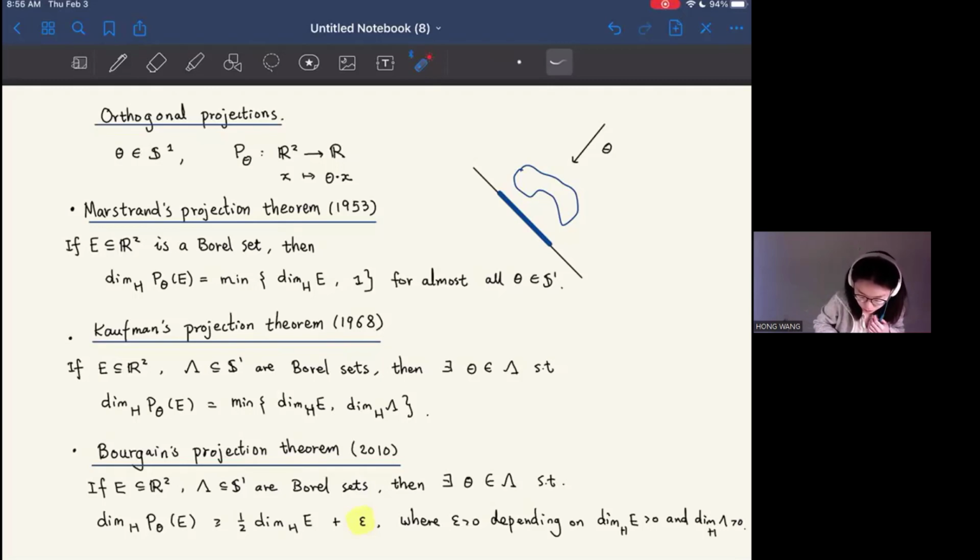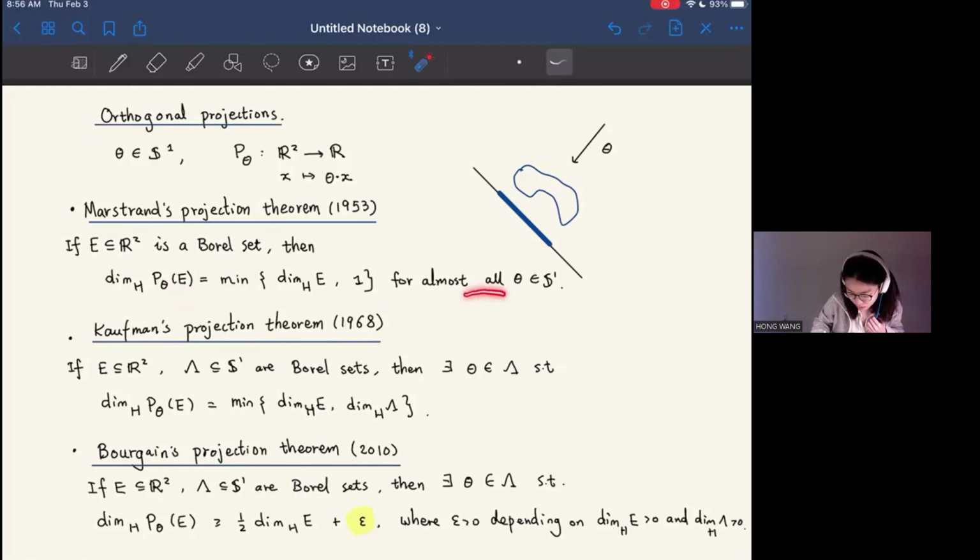Orthogonal projection is defined as: theta is a vector, then p theta is a linear map from R2 to R defined by x to theta dot x. The classical Marstrand-Mattila projection theorem says that if E is a Borel set, then for almost all vectors theta, the Hausdorff dimension of the orthogonal projection image along theta is equal to the minimum of the Hausdorff dimension of E and 1.